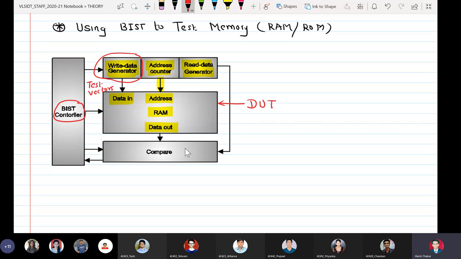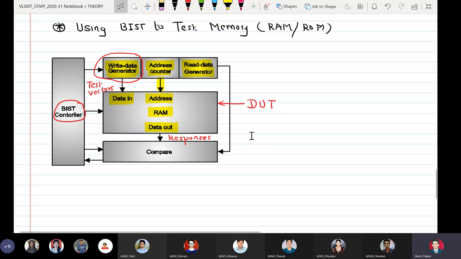The output data out is actually the response. These are the responses which are recorded, and we have a standard data set here. So we can check whether whatever is at the data output is the same as the data that was written inside. So we have a BIST controller, we have a DUT, and we have comparison of responses, right?